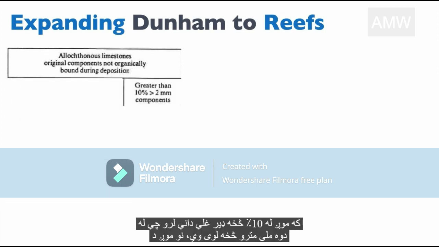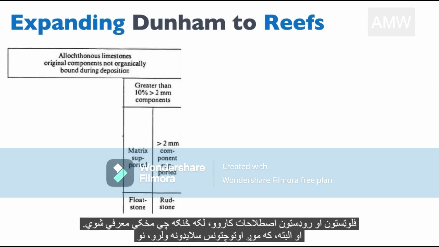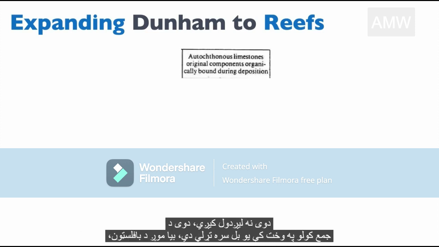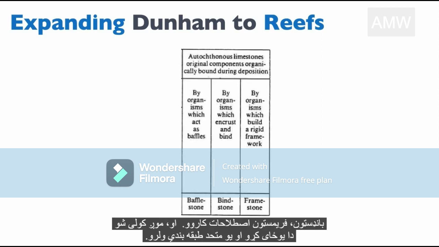If we have more than 10% grains larger than 2 millimeters, then we use the terms floatstone and rudstone as introduced before. And of course, if we have autochthonous sediments, so they're not transported, they're bound together at time of deposition, then we use the bafflestone, bindstone, framestone terminology.